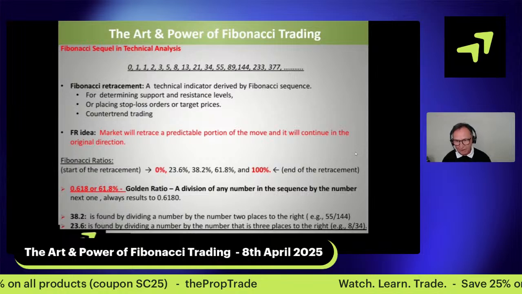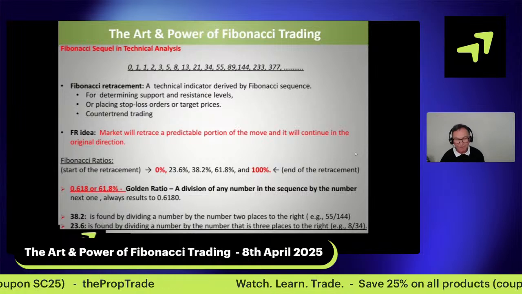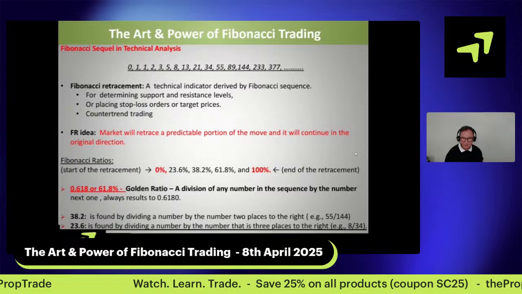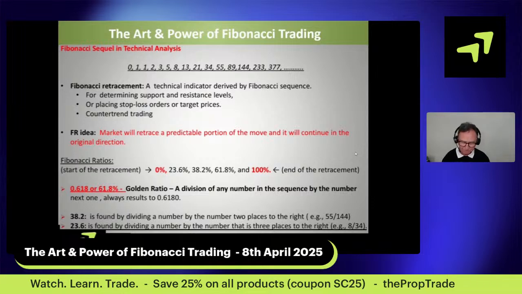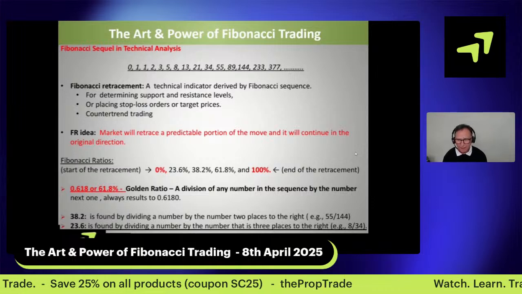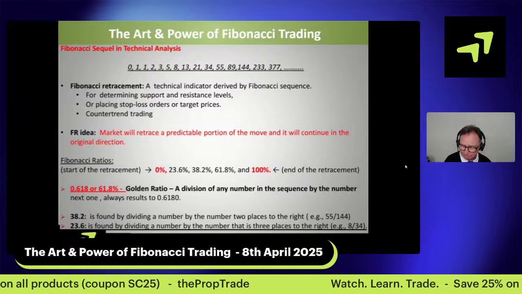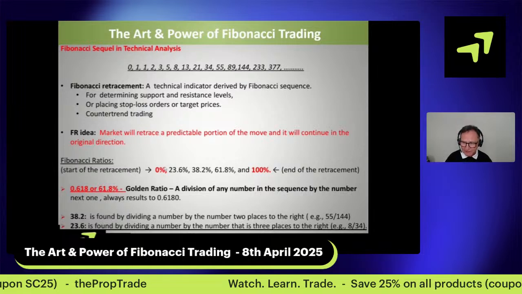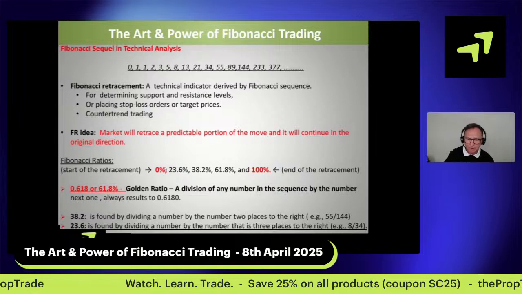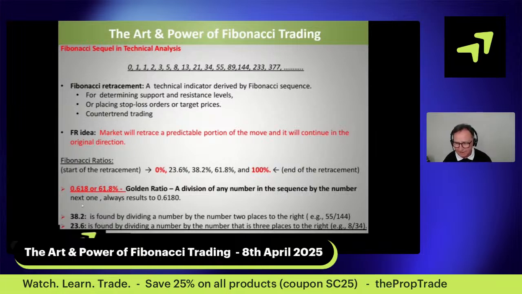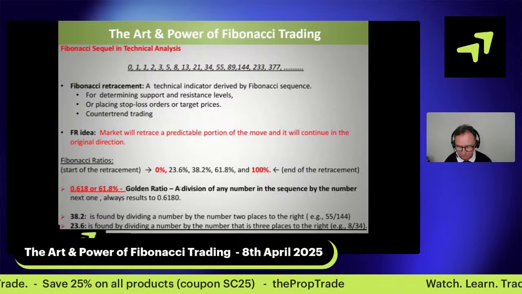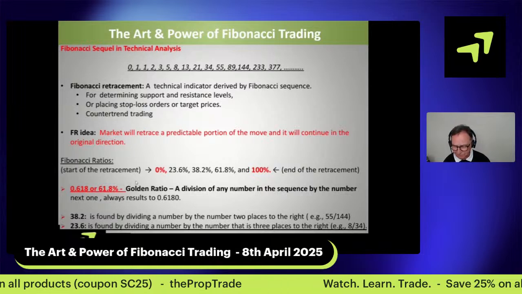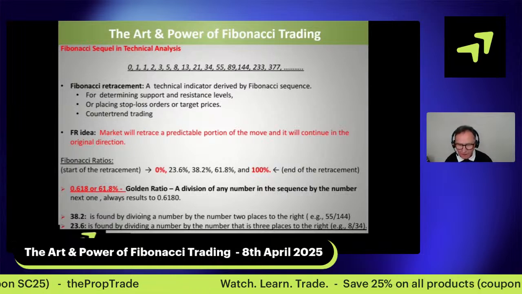So the way we create the ratios on the Fibonacci sequence are the rules down there at the bottom of this particular slide. The ratios are created by adding the numbers together. Let's start with the numbers.